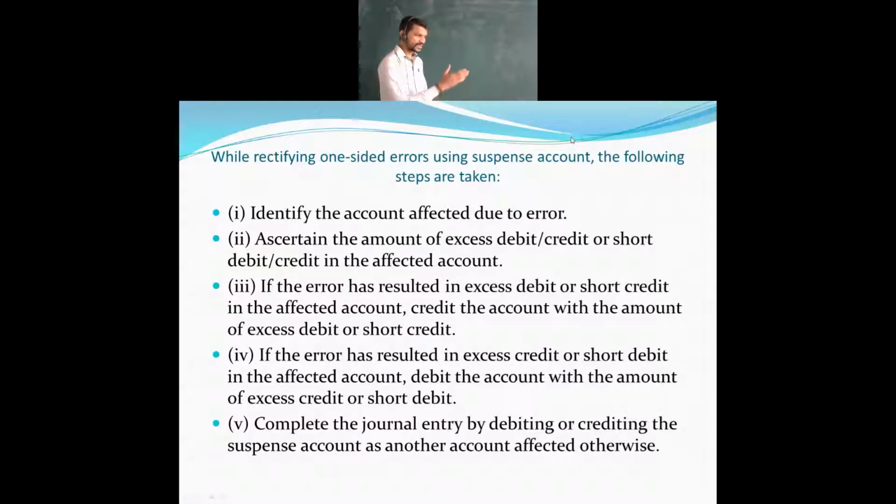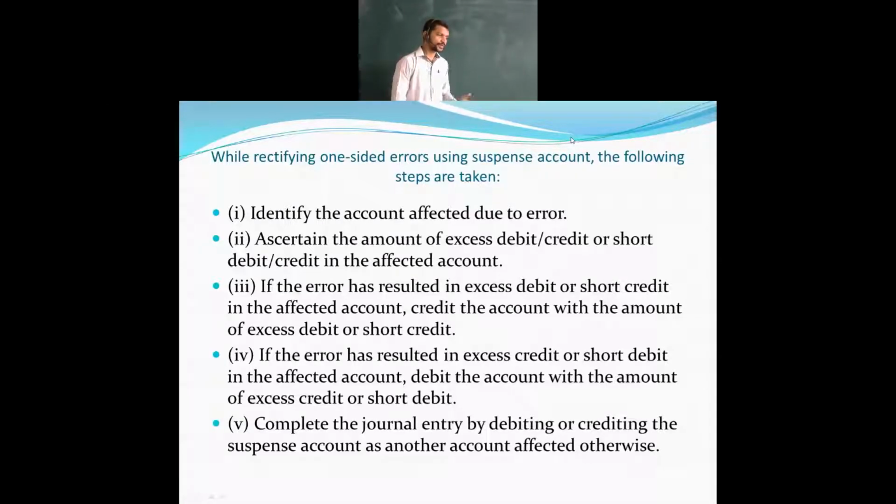Then the second point: if there is an excess amount on the debit side, you are going to find out how the excess amount came, and why the debit side and the credit side didn't tally.